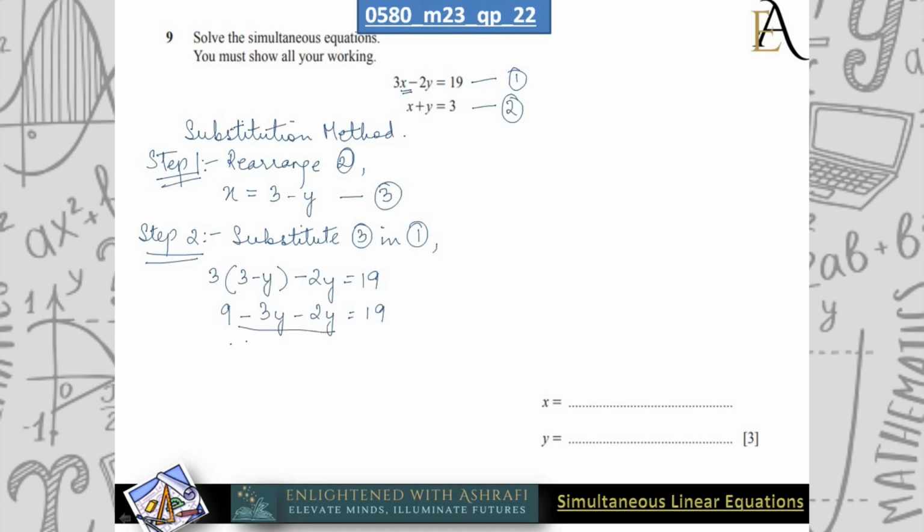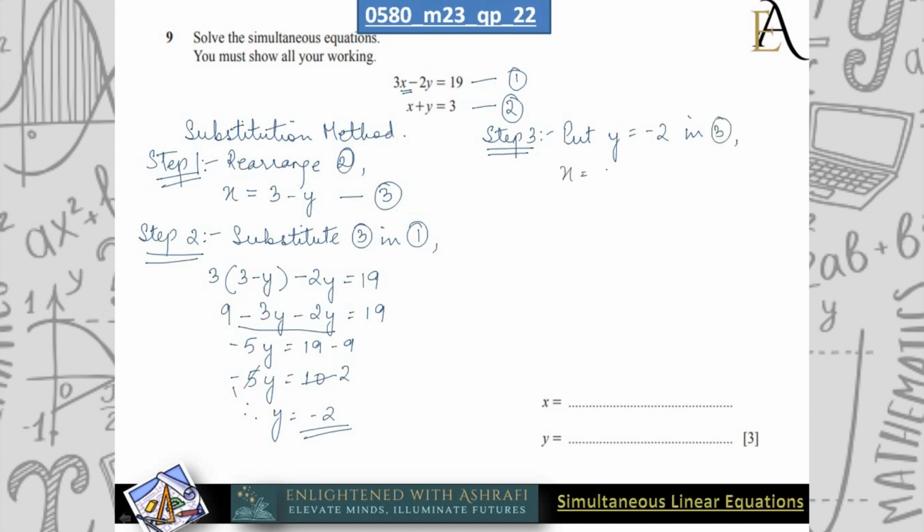This will become minus 5y equals 19 minus 9. Minus 5y equals 19 minus 9, which is 10. 5 1s are 5, 5 2s are 10, therefore y is equal to minus 2. Now let's put the value y equals minus 2 in 3.